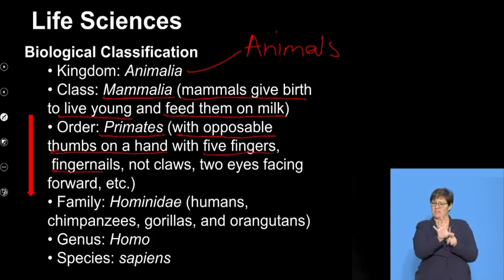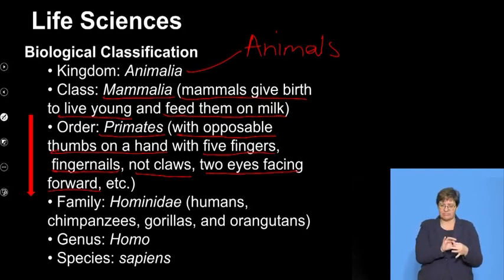And it has fingernails, doesn't have claws, there are 2 eyes facing forward, etc. So there are lots of characteristics that are unique to the primate group, and because of those characteristics, we are placed into that order.